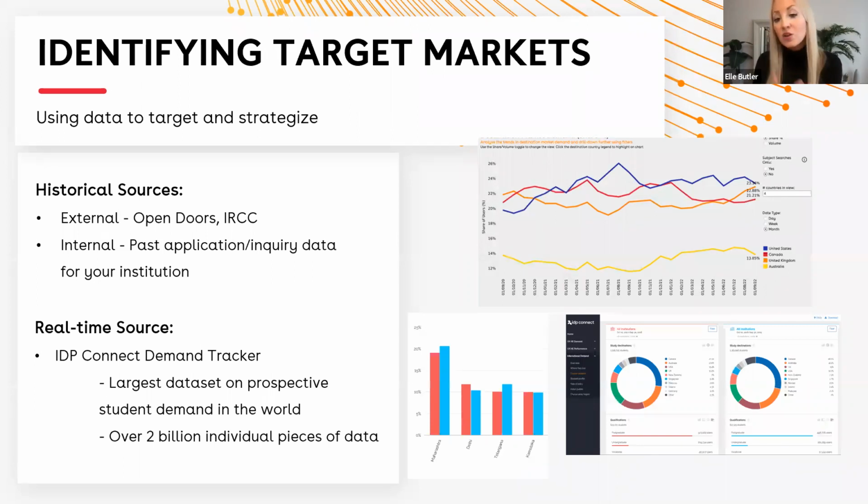Because we hold the largest data set on prospective student demand in the world, we're able to help you identify new markets for recruitment travel and marketing investments. And with this detailed real-time data, you can target countries and regions with potential students who are likely to want your institution's unique programs and offerings.